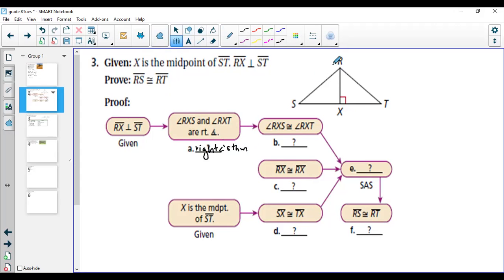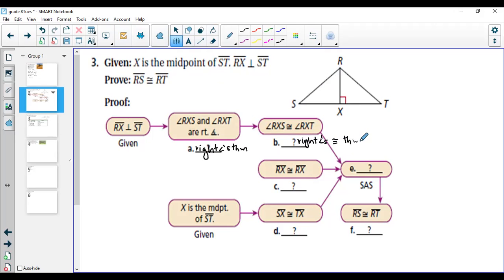Now they are talking about angles again. RXS is congruent to RXT. Again, they're right angles, so it's the right angles congruence theorem.